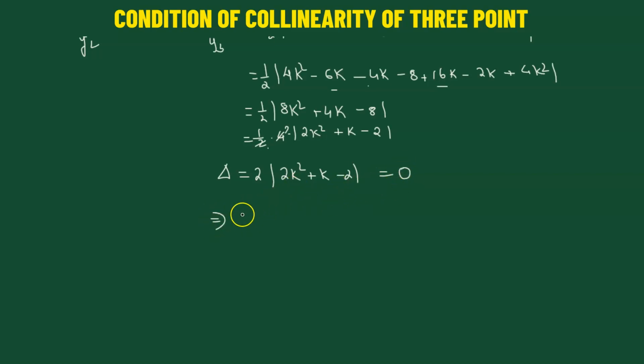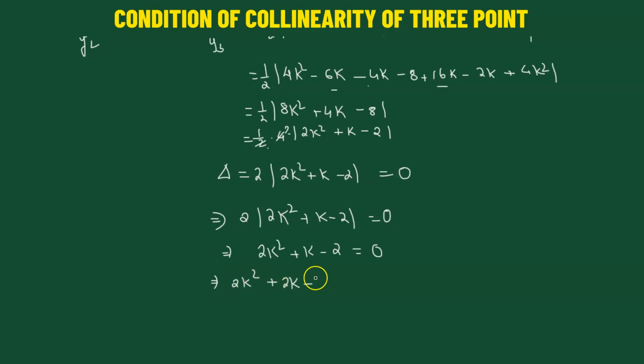So we have 2 times the absolute value of 2k squared plus k minus 2 equals 0, or simply 2k squared plus k minus 2 equals 0. This is a standard quadratic equation, so we can factorize by splitting the middle term. If we take 2k as the common factor from the first and second terms, we are left with k plus 1, and we take negative 1 as the common factor.